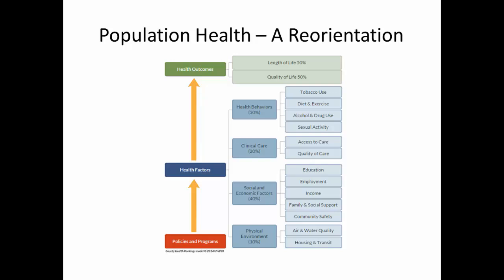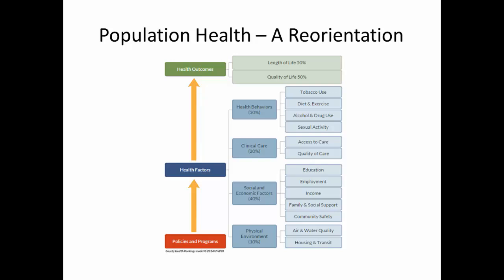But what this chart does is it hypothesizes what goes into the health outcomes of a patient. And if you look at this, they've assigned various percentages of things that they believe go into health factors that lead to health outcomes.